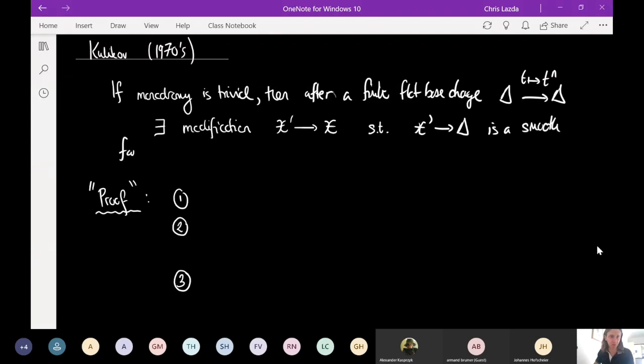So all fibers are smooth, and all fibers are K3 surfaces. The point here being the central fiber is a K3 surface.